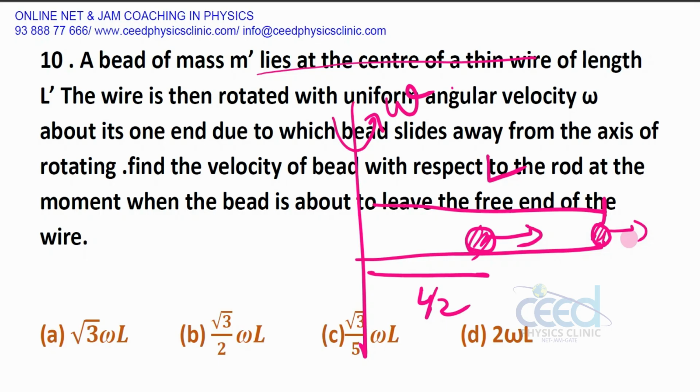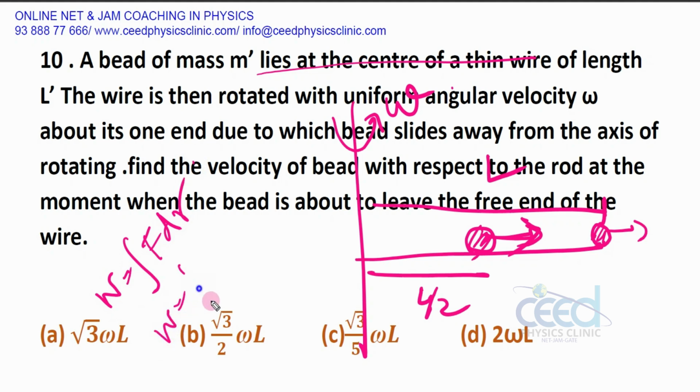So what is the work done? Because of the work done by the centrifugal force, due to that work only it will be moving, right? So we can write that work is equal to the integral of F dr, the basic expression.